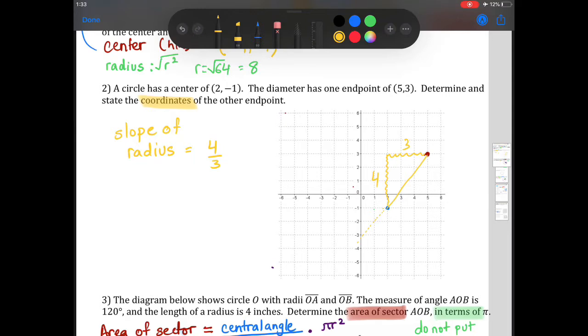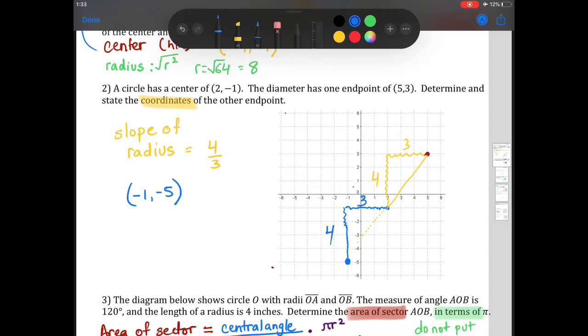So I'm going to follow the same pattern, and I'm going to go 3 over and 4 down. So I went 3 over, 4 down, right? And where do I end? And that is my point, right? We did estimate it a little. That's going to be in the opposite direction. So it is -1, -5. You always write your x coordinate first and then your y.